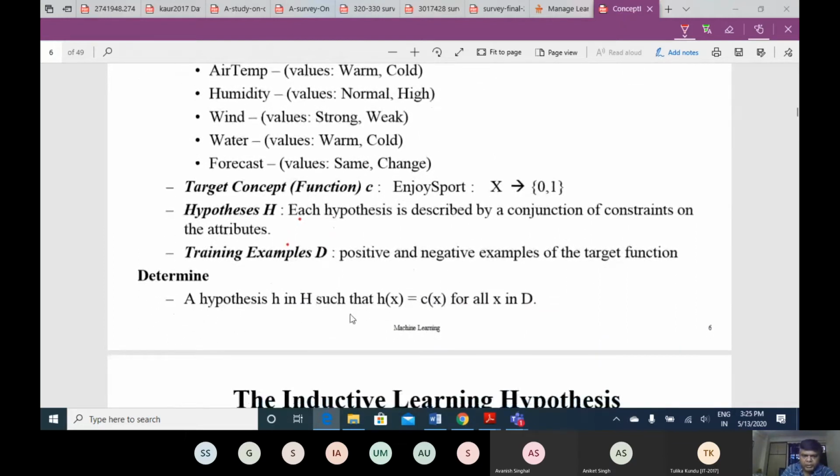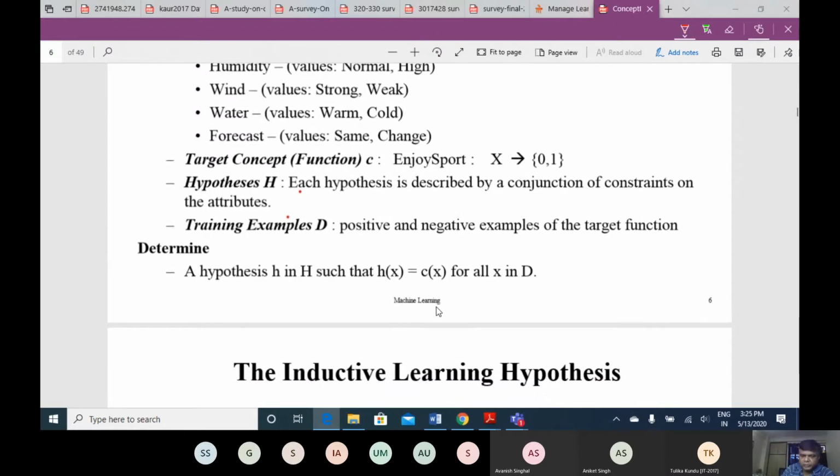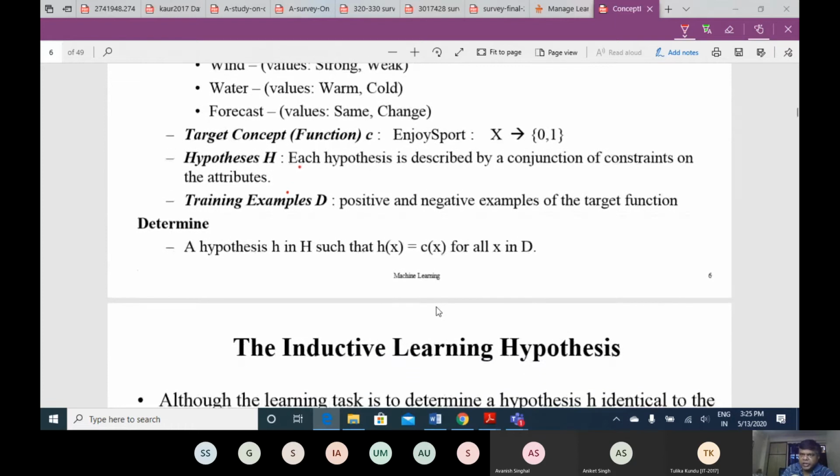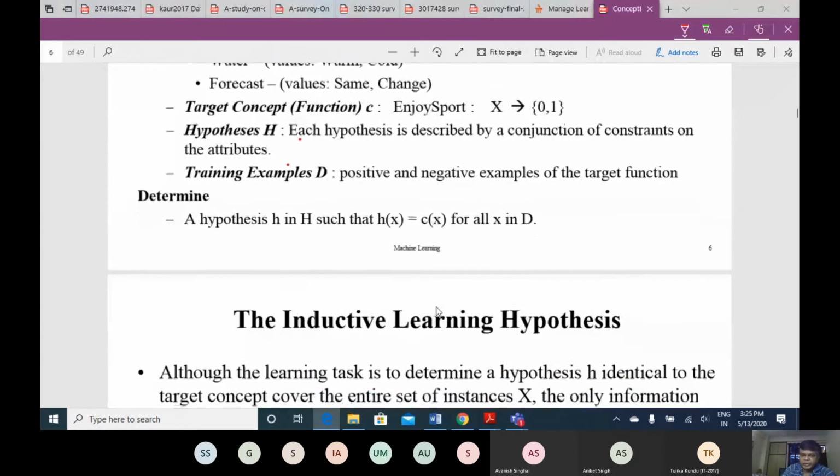Now we have to identify a hypothesis h for which h(x) is equivalent to c(x), which represents the same subset of instances.